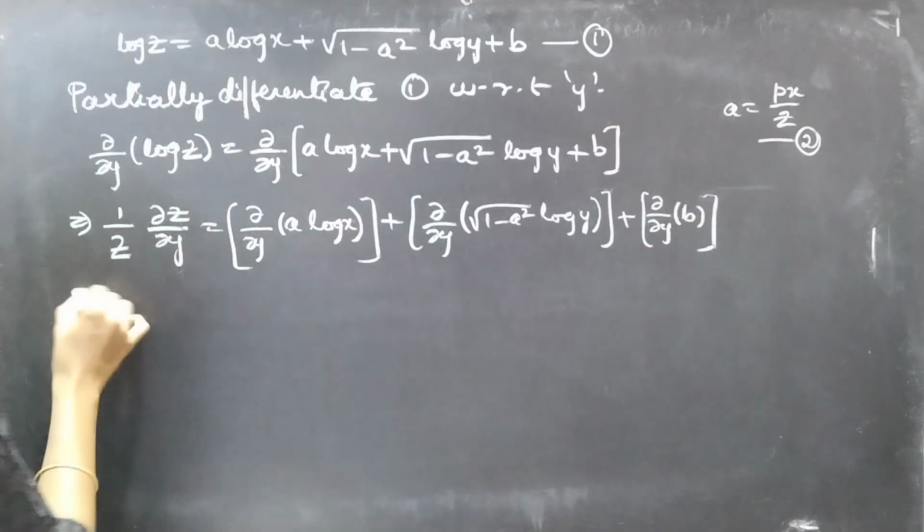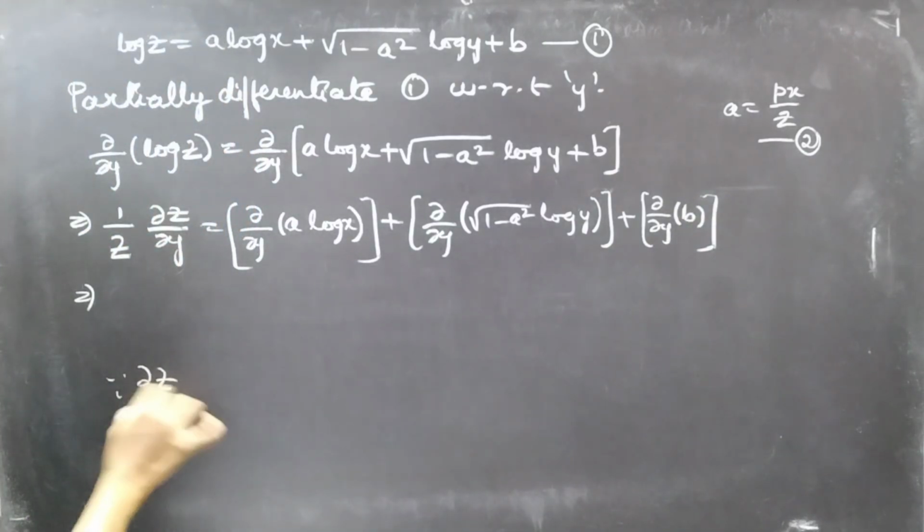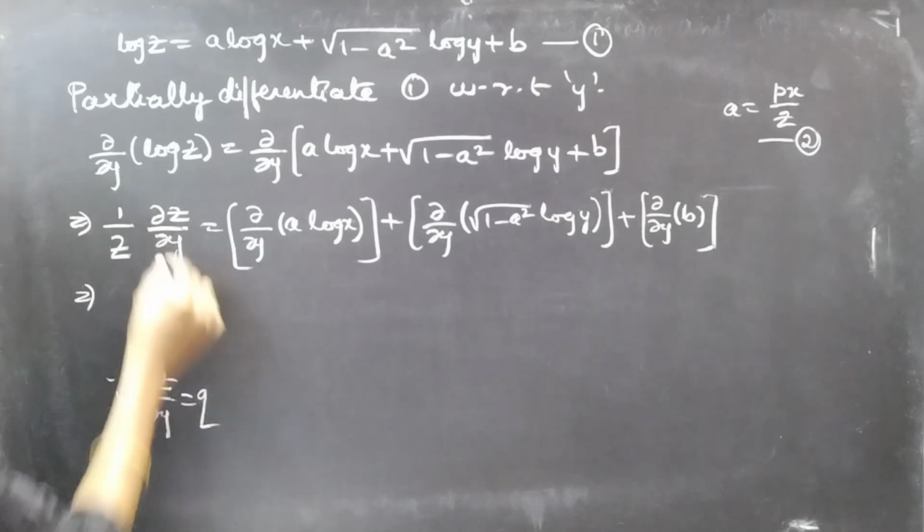right? Since we know that dou z by dou y equal to q, we have this notation, so let's replace it by q.